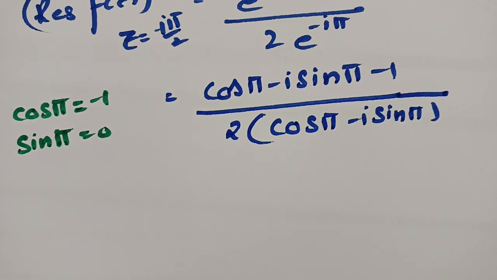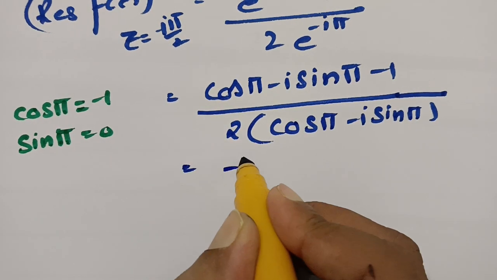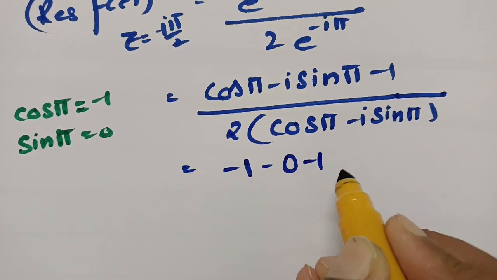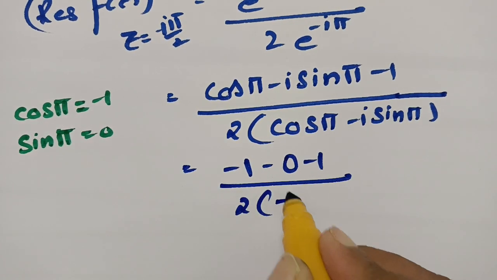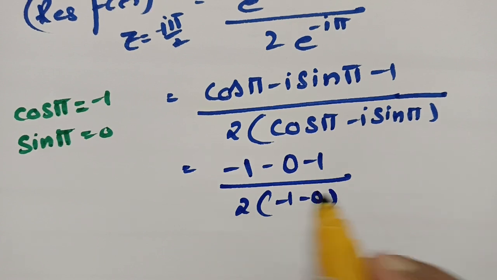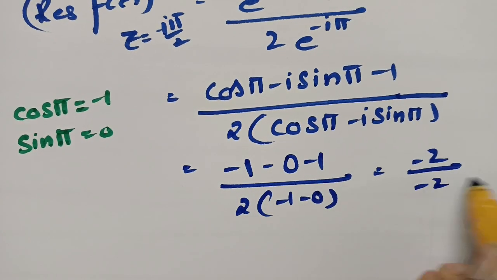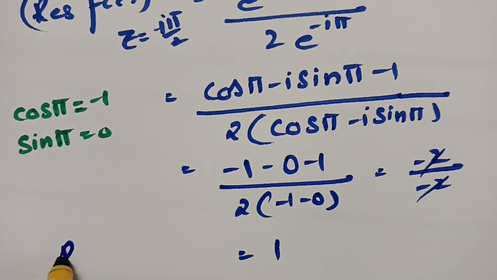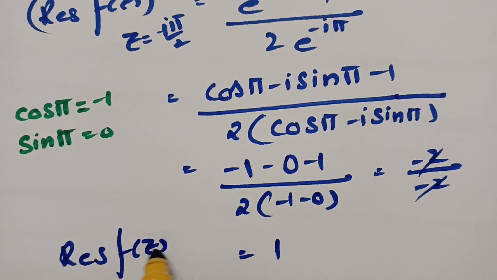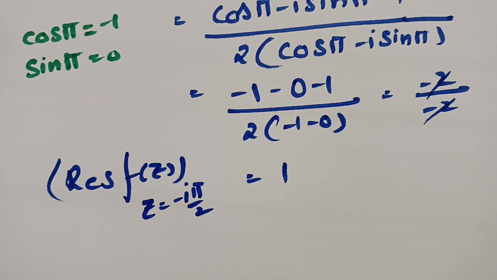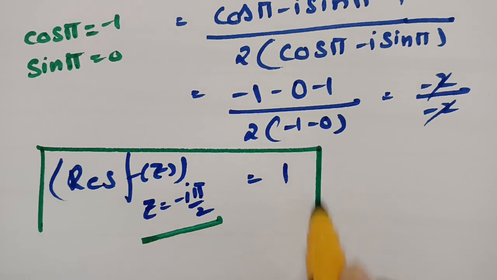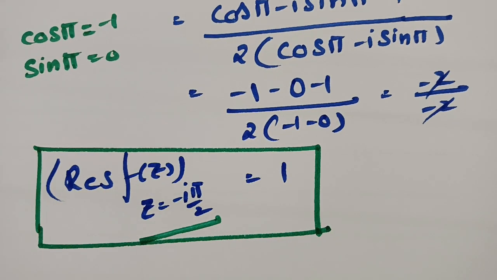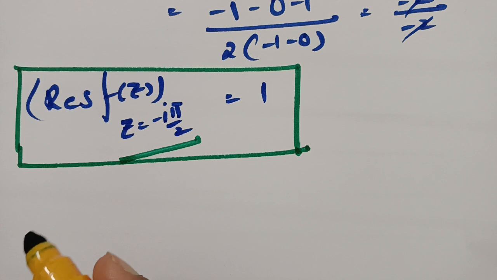If I substitute these values here, it is (minus 1 minus 0 minus 1) by 2 times (minus 1 minus 0), which is minus 2 by minus 2. The value here is plus 1. So this is the residue of f(z) at z is equal to minus iπ/2. At the pole z is equal to minus iπ/2, our residue value here is 1. And the next value we also have to find.